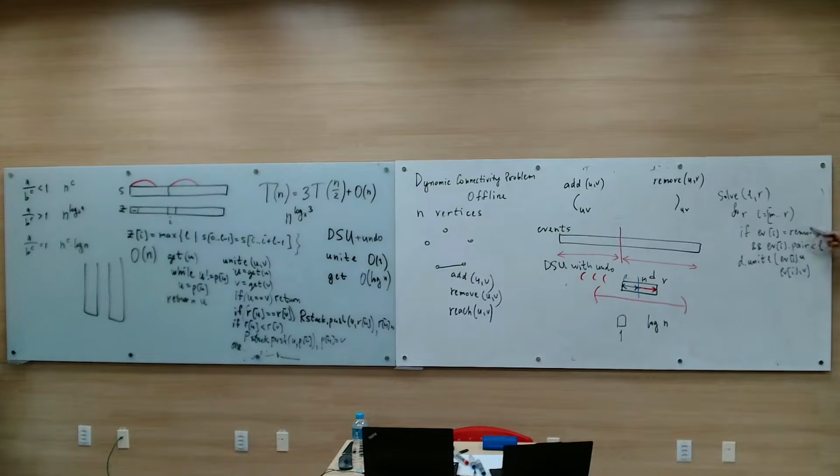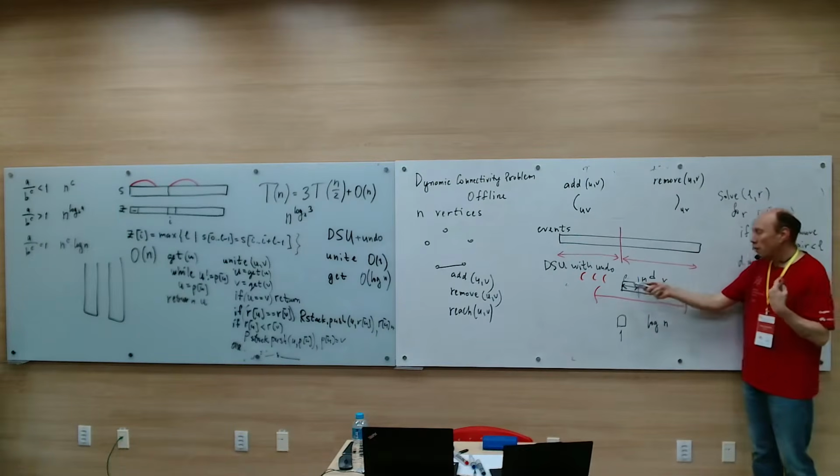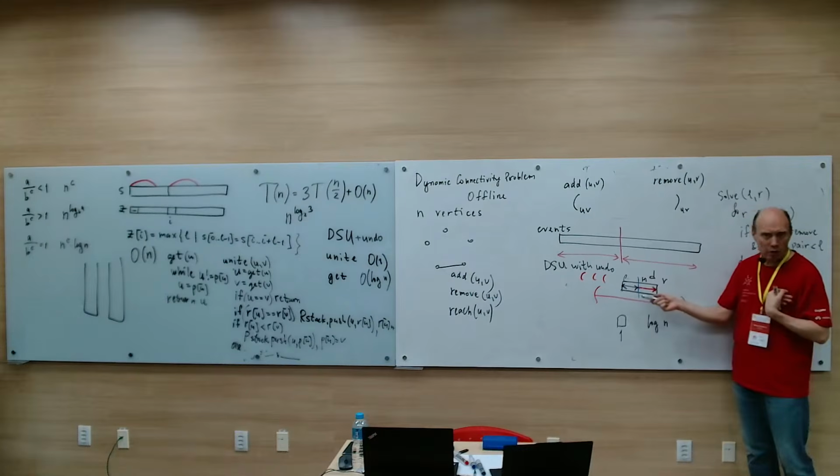After this, we have adjusted our DSU to be consistent with the invariant for the left part of our chunk.